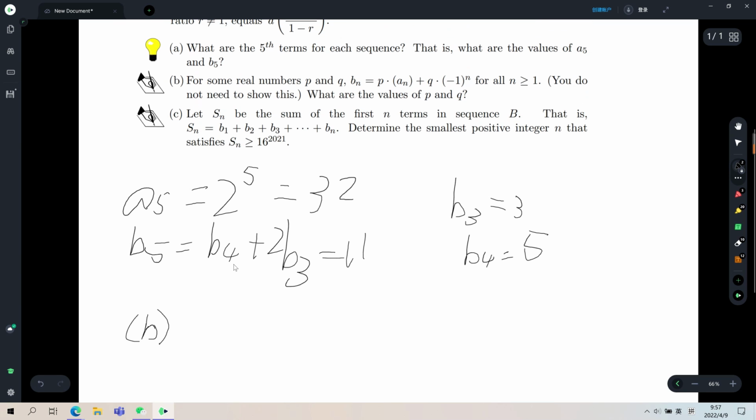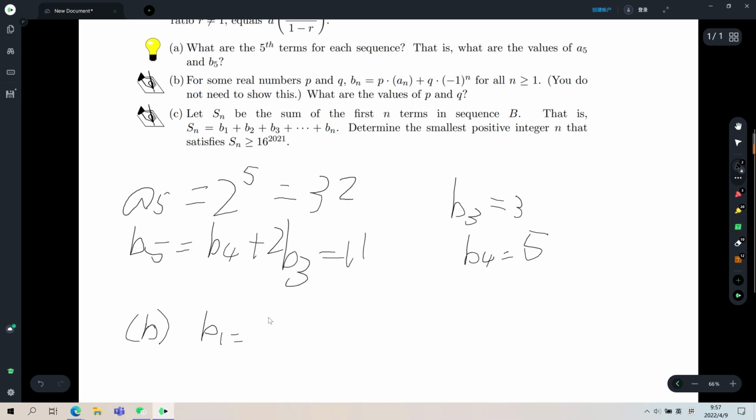Question B. For some real numbers p and q, bn equals p times an plus q times negative 1 to the power of n. So what are the values? Let's try b1.